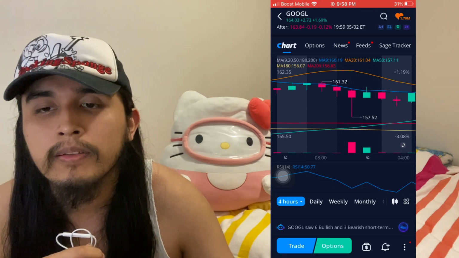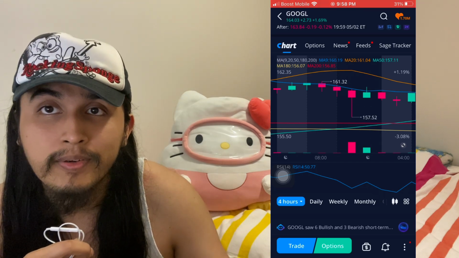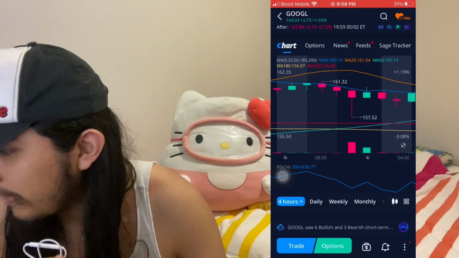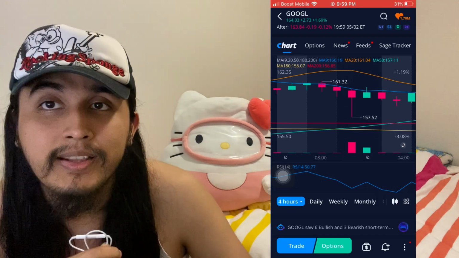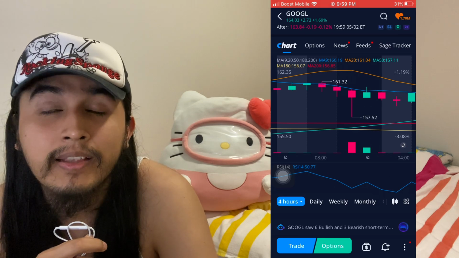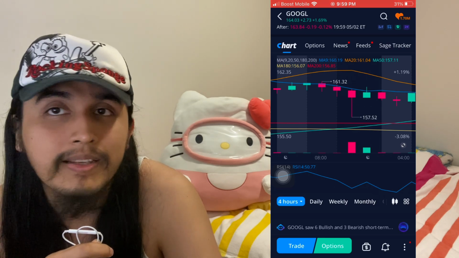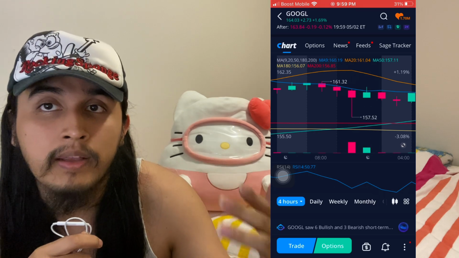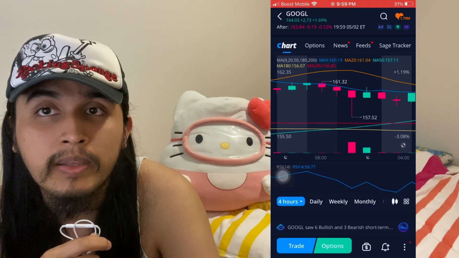Most of the time, when a stock is under the 9-day moving average and having trouble breaking above it in pre-market, it's likely to see more downward momentum throughout the day.